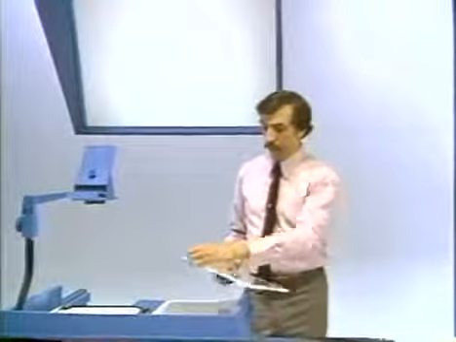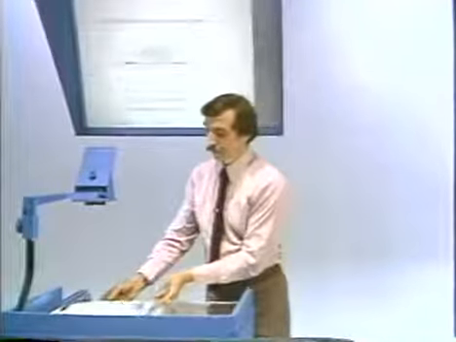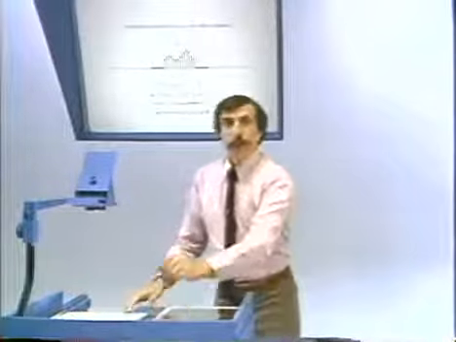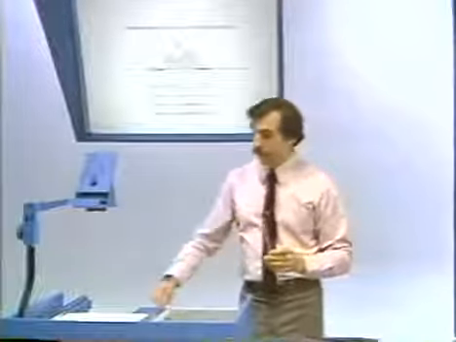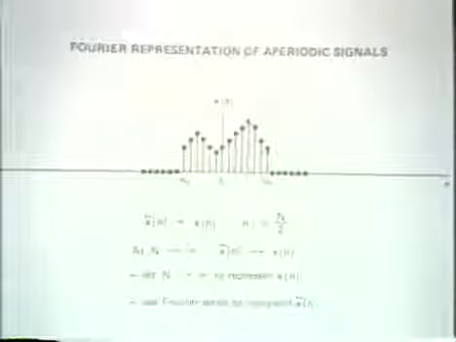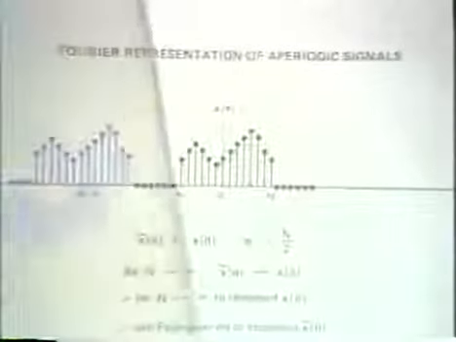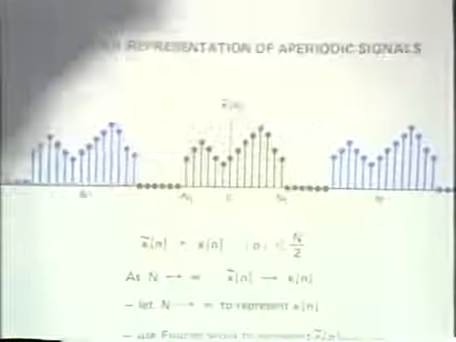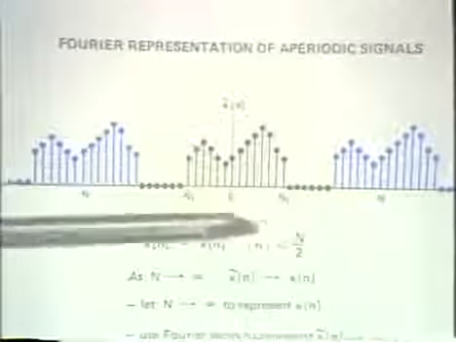So the basic notion in representing a discrete time aperiodic signal is to first construct a periodic signal. Here we have the aperiodic signal. We construct a periodic signal by periodically replicating the aperiodic signal.